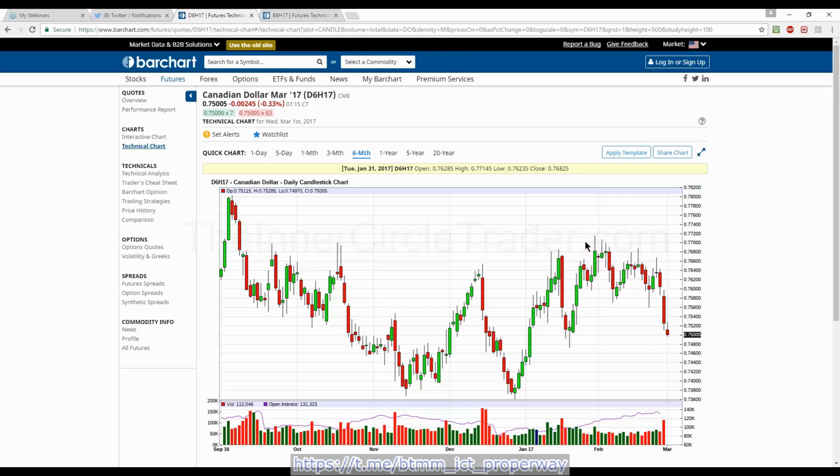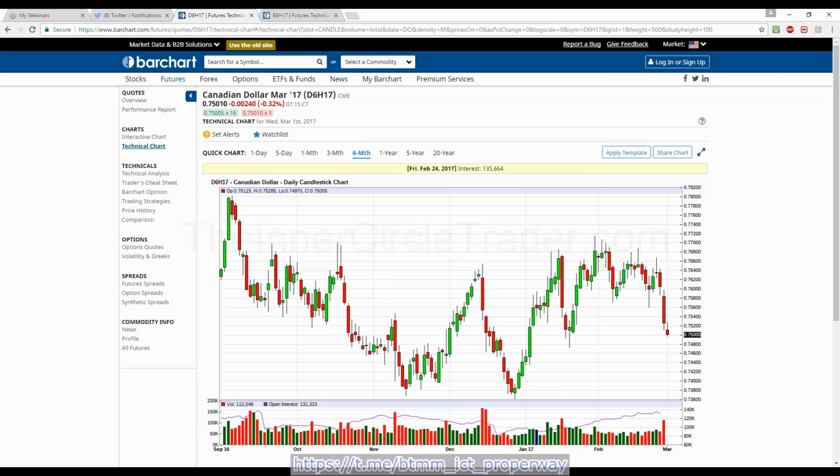I want you to take a look at the open interest, what was going on then. This is that purple line right here. What was open interest doing at the time when this was going sideways? Was open interest declining or was it increasing? It was increasing, exactly.